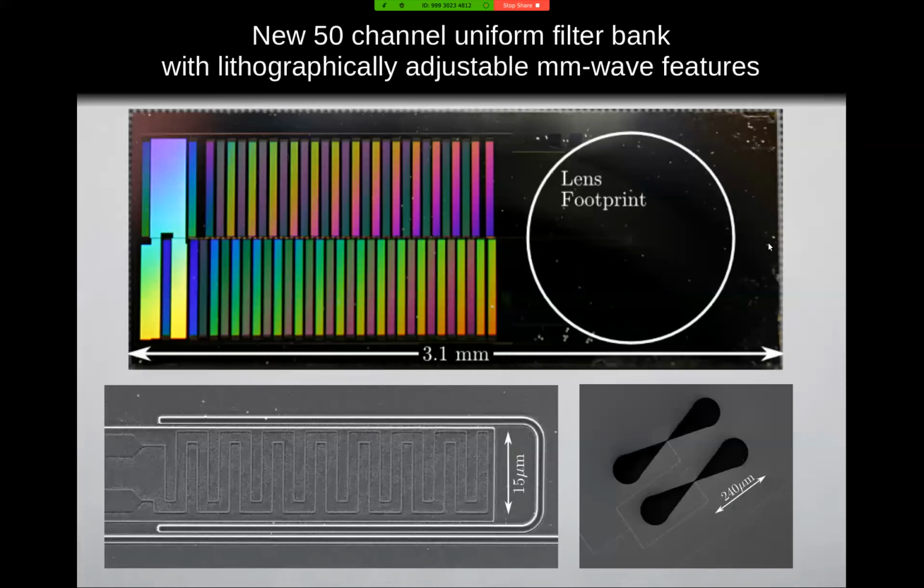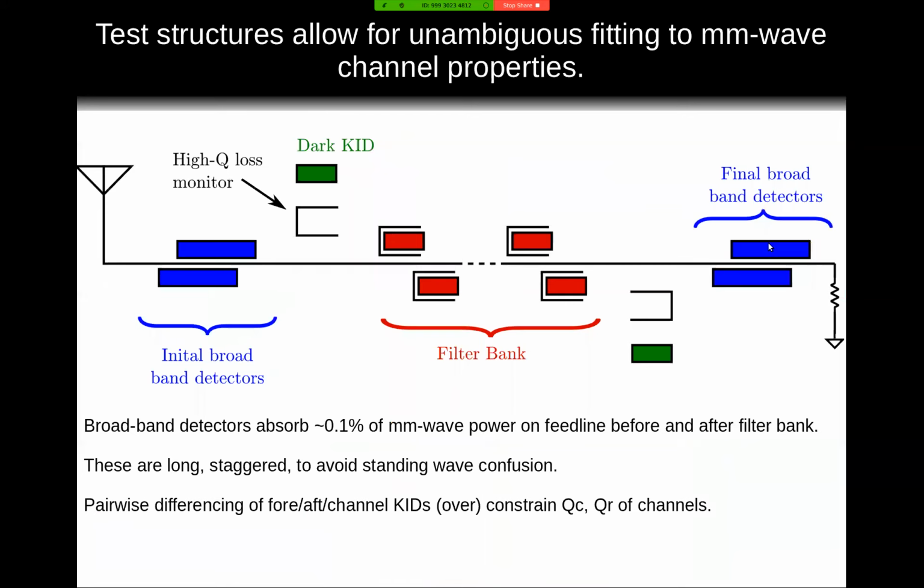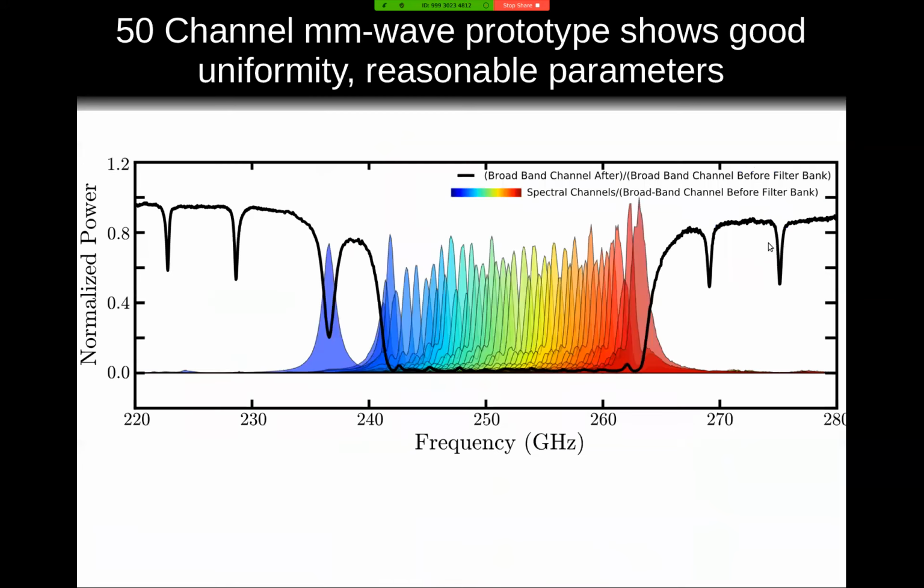We built them. Here's what they look like in person. I'll skip a couple of slides in the interest of time. So here's a plot showing the amount of power received at the very end of that millimeter wave feed line versus frequency. So the black line is how much power it gets through. The colored plots are the power absorbed by individual detectors.